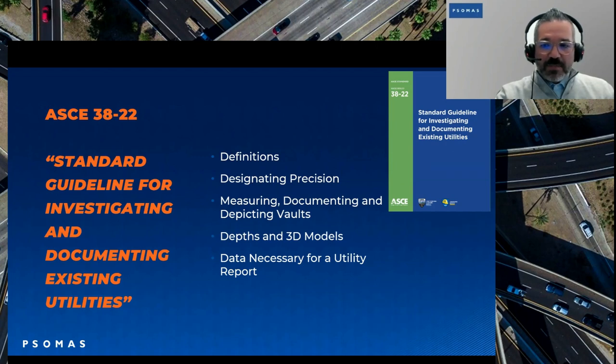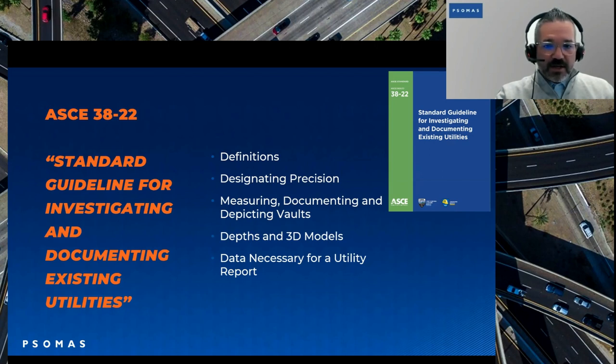It also talks about measuring, documenting, and depicting of vaults. I know that in the past, we used to locate the manhole or the entry point of a vault on top, and we would call that a vault. Well, sometimes when you pop that open and you look underneath, that vault is much bigger than the opening.